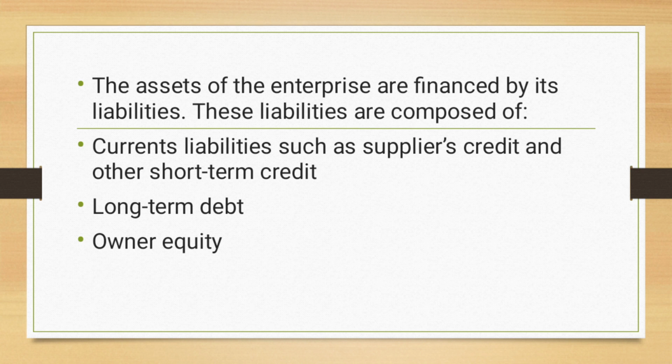For example, your total assets is 50,000 pesos, and then you have 10,000 pesos liabilities. We need to subtract the liabilities from the assets. The answer would be 40,000. That 40,000 is the owner's equity.